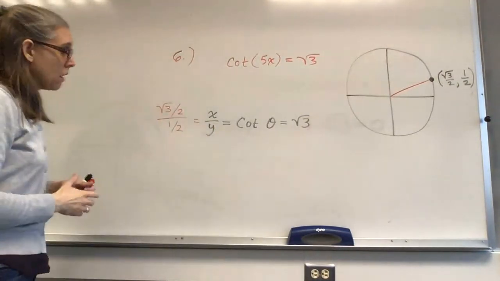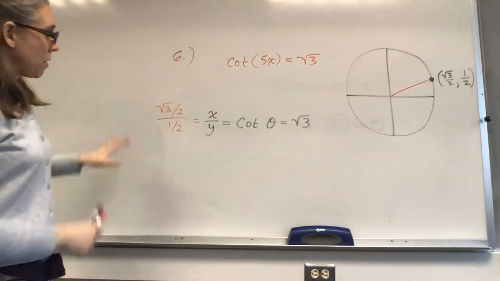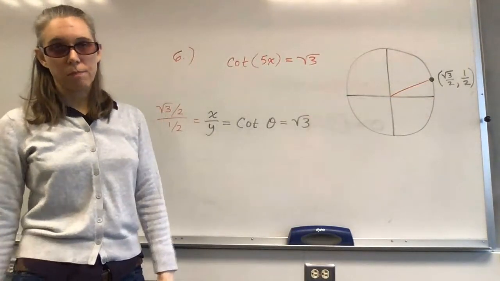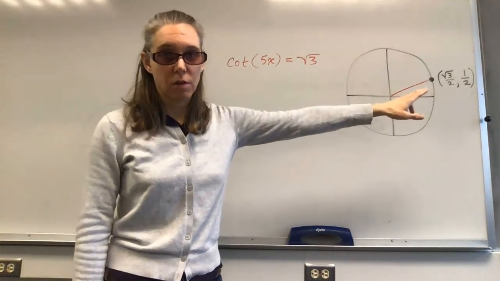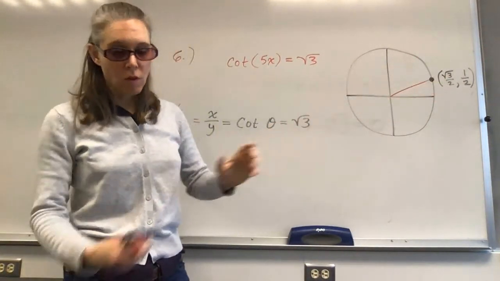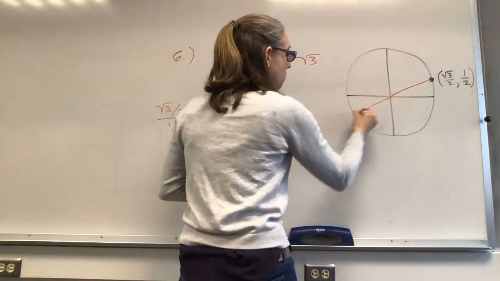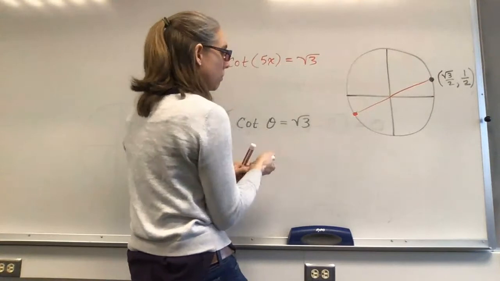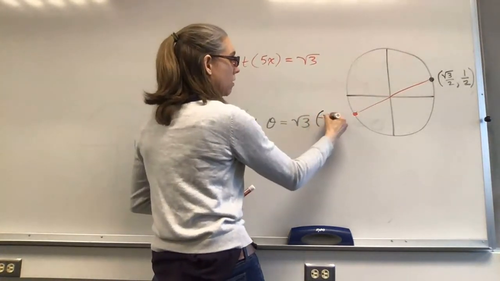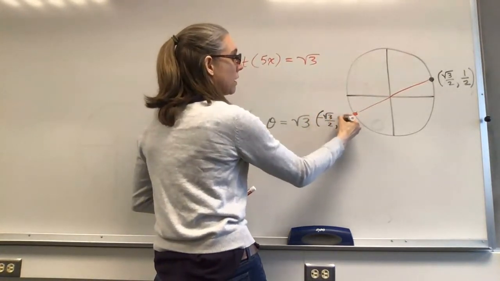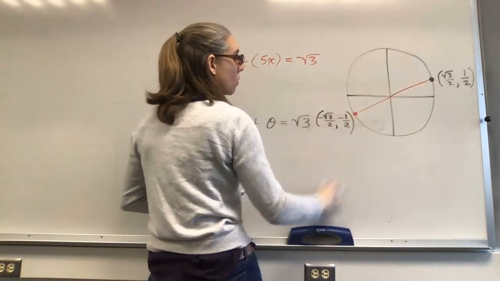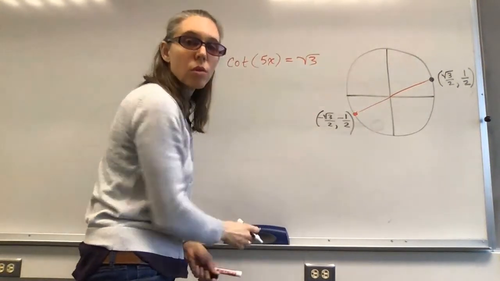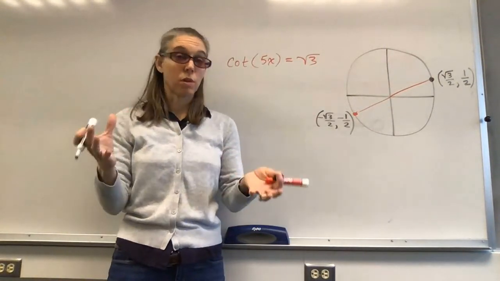That's up to you. All I needed to do in my mind was figure out that the point I'm looking for is square root of 3 over 2 comma 1/2. Also, this point over here would also fulfill the bill because this one is negative root 3 over 2, negative 1/2, and that would also yield that same root 3 ratio.